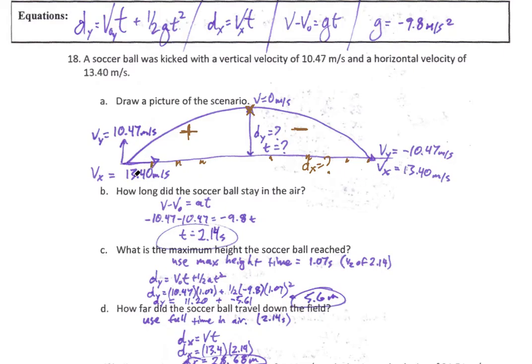So it's going to remain a constant 13.47 meters per second. All right, and that won't change. So that's kind of nice. Once we know our velocity in the X direction, it's our velocity in the X direction no matter what. And again, that's because it's not being affected by gravity. Gravity pulls it down, not backwards or forwards.